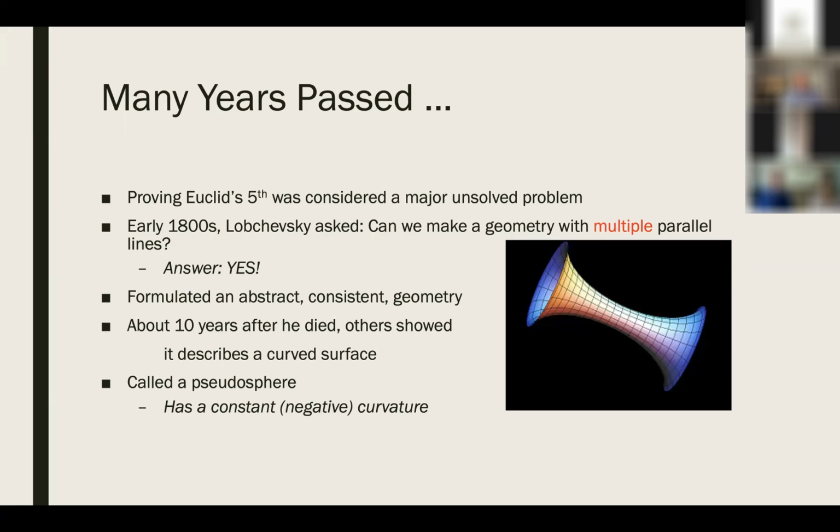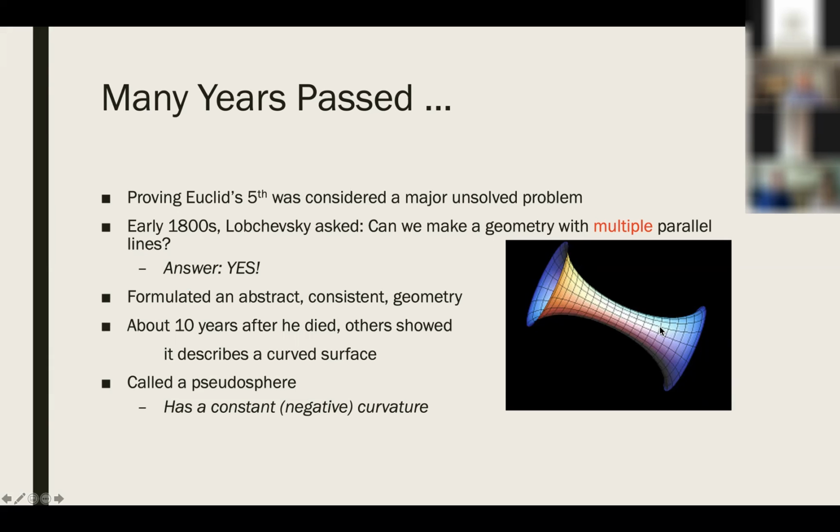And he found, using totally abstract reasoning, that the answer was yes. He was able to come up with an abstract geometry in which this was true and everything was self-consistent. He had no idea of any particular surface that this applied to, but about 10 years after he died, a fellow named Beltrami and a couple of others showed that it described the curved surface that's illustrated over here.